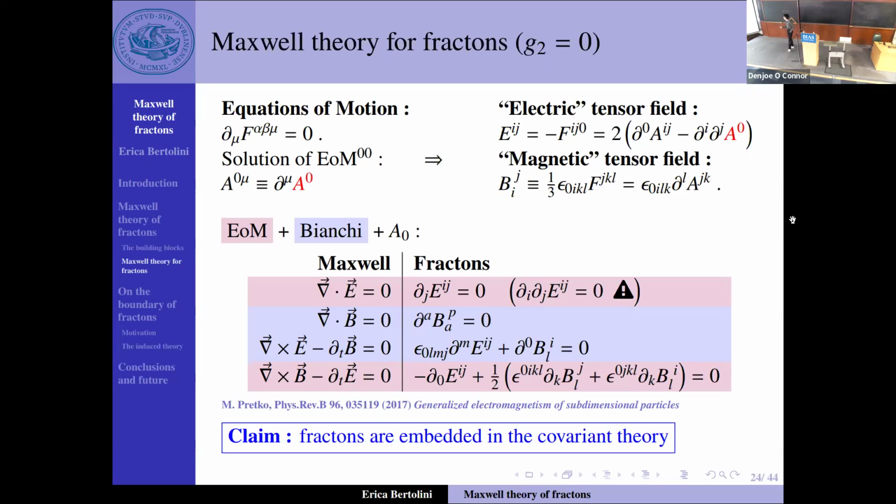So we have the Gauss constraint, the divergence of the magnetic field, a Faraday law, and an Ampere equation. They all match the fractonic equations in the literature. So the claim here is that fractonic models are embedded in the covariant theory through this particular solution.